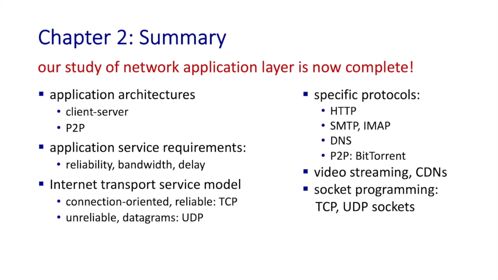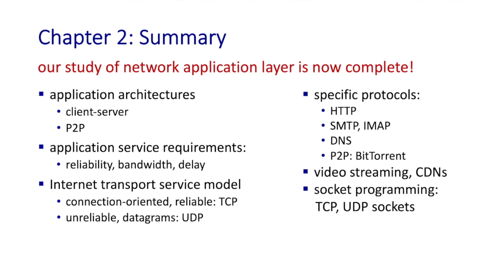And we learned about application layer protocols, and we studied specific internet application layer protocols, including HTTP for the web, SMTP for email, the DNS, the domain name service, which provides a critical internet infrastructure service, but does so as an application, and we took a quick look at peer-to-peer and the BitTorrent system in particular.